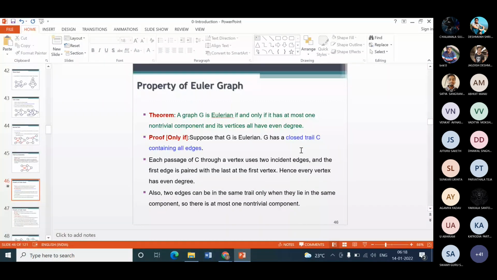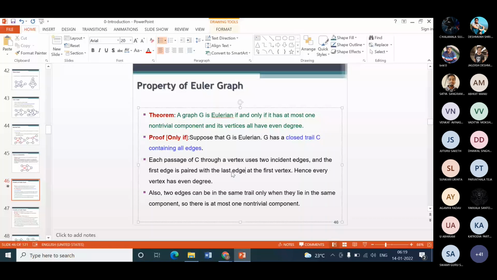Since it is a trail, you won't repeat the edge, so the same edge cannot be counted twice. That is why we can say that every passage of C, since it is a closed trail, through a vertex uses two incident edges. And the first edge is paired with the last edge at the first vertex. Hence, every vertex is of even degree.